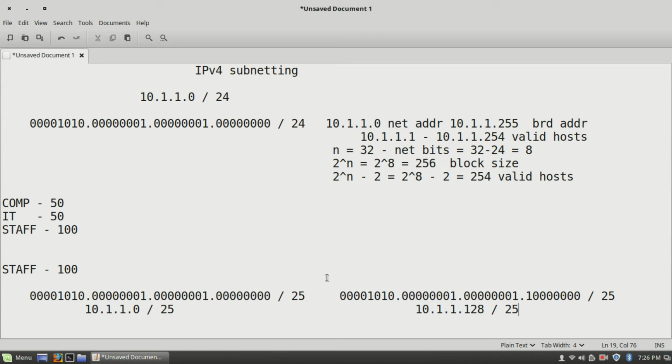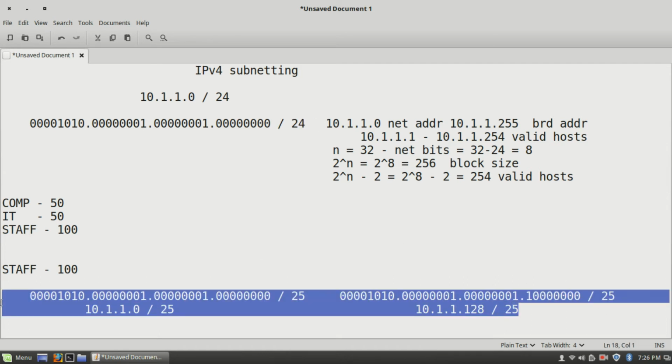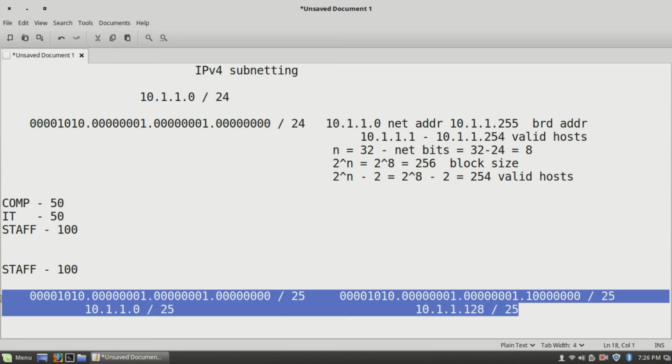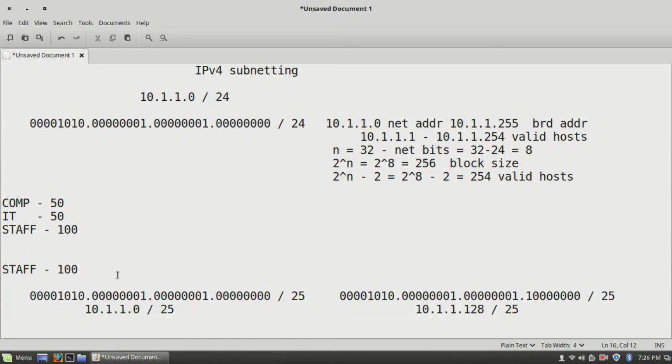So what we saw is that by assigning one bit from host to network, a network got divided into two subnetworks, because one bit can take two possible values.